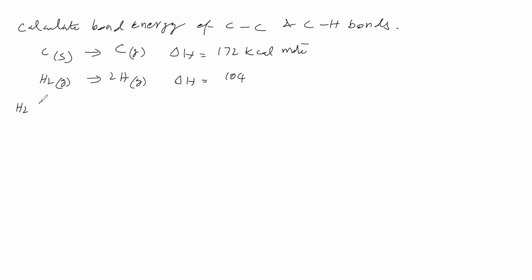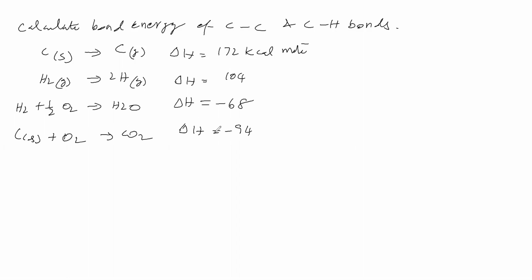Next equation, H2 plus half O2 gives H2O liquid, for that delta H is equal to minus 68. Then carbon solid plus O2 gives CO2, delta H value minus 94 kilocalories.